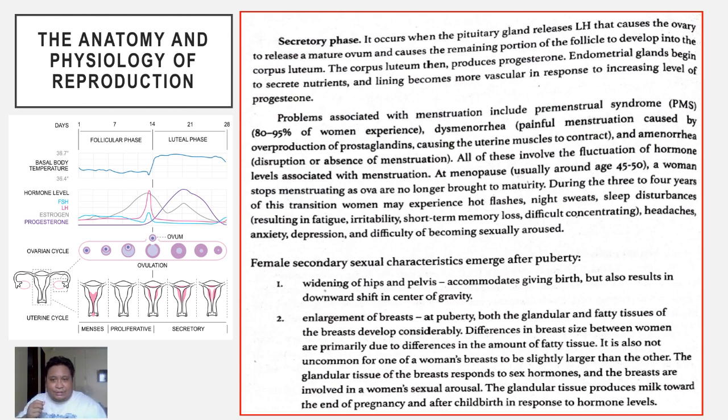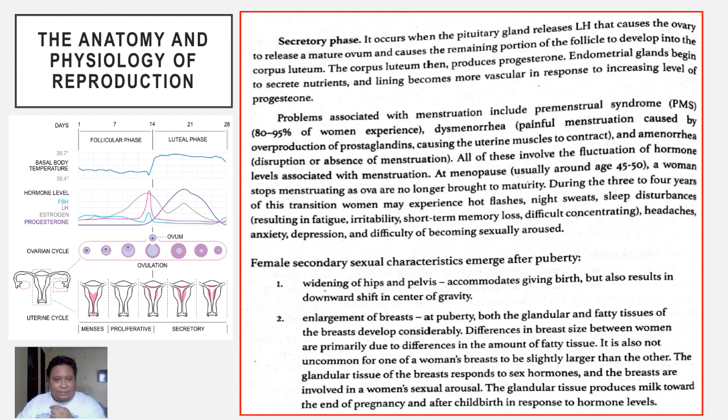During these 3 to 4 years of transition, women may experience hot flashes, night sweats, irritable behavior, sleep disturbances resulting in fatigue, short-term memory loss, difficulty concentrating, even headaches, anxiety, depression, and difficulty being sexually aroused. These are the signs of women who already have menopause.